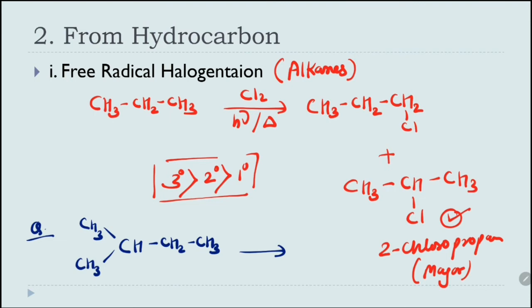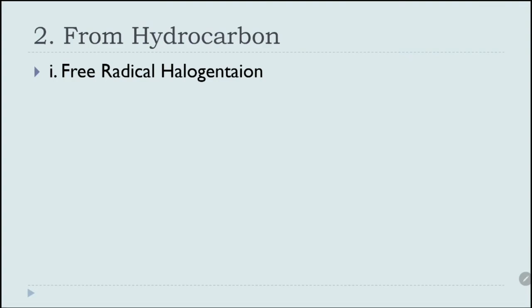Okay, and if we consider the free radical chlorination here, then you have to find out how many total products will be formed, and then you have to find out which product will be formed in the major amount. So this is an exercise for you, solve it. Okay, so let's move to the next reaction.